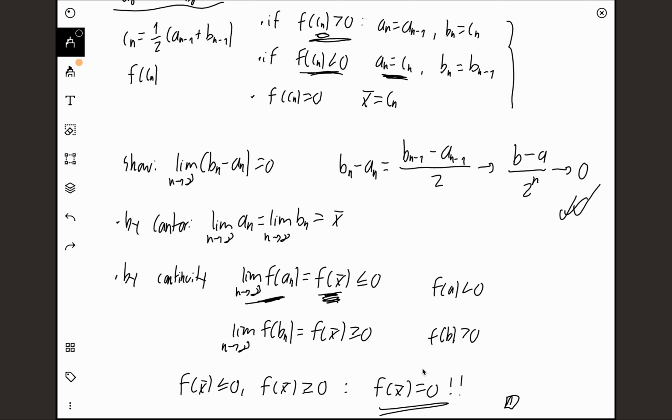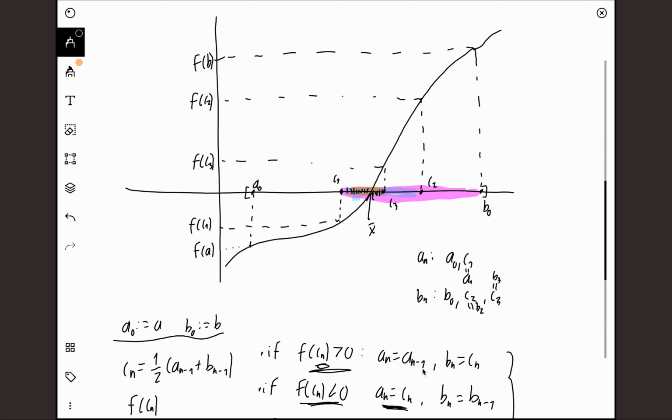So we ended the proof because we found an x bar. We started with our theorem and created an algorithm such that, for any function that we know crosses the x-axis, a_n will be increasing and b_n will be decreasing. So we show that there exist two sequences in the domain which have the same limit, and the limit exists by the Cantor theorem.